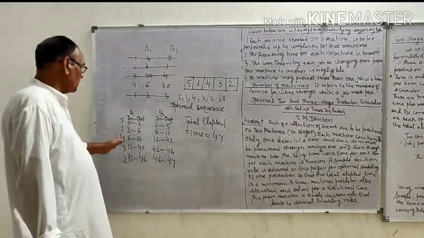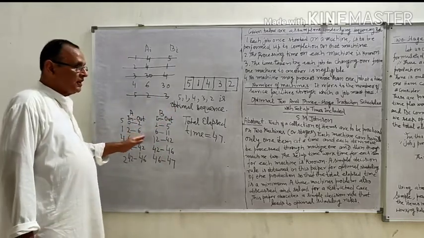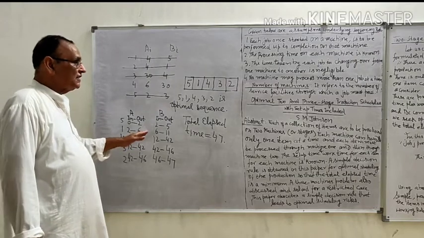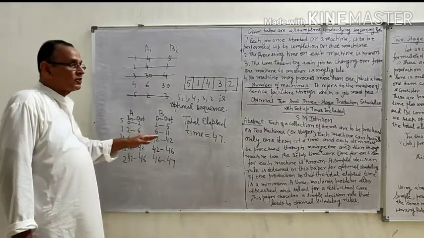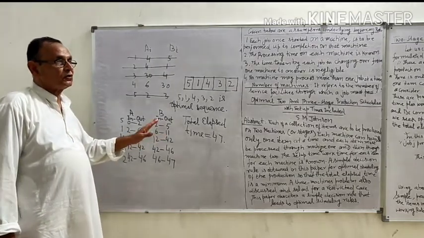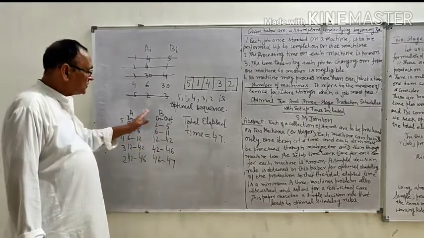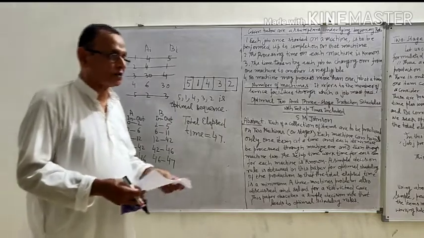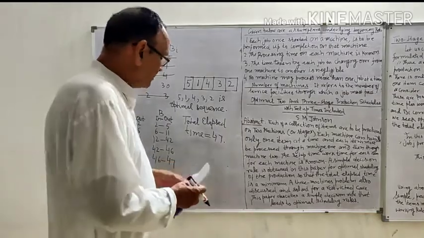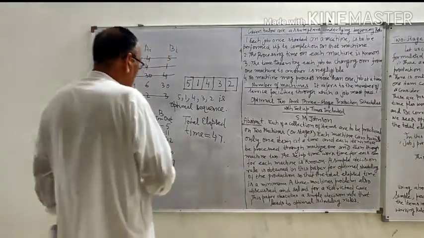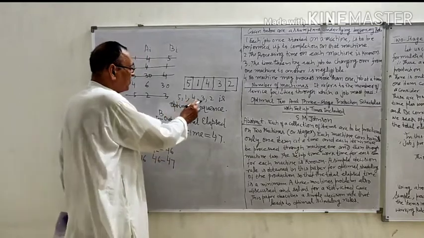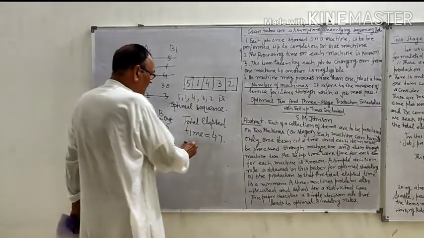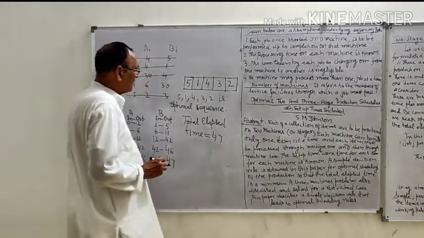Once a job is free from machine A, it is immediately ready to be processed on machine B. There is no time gap. And for this sequence, which is obtained by applying the Johnson rule, the optimal sequence is 5 1 4 3 2 and the total elapsed time is 47.